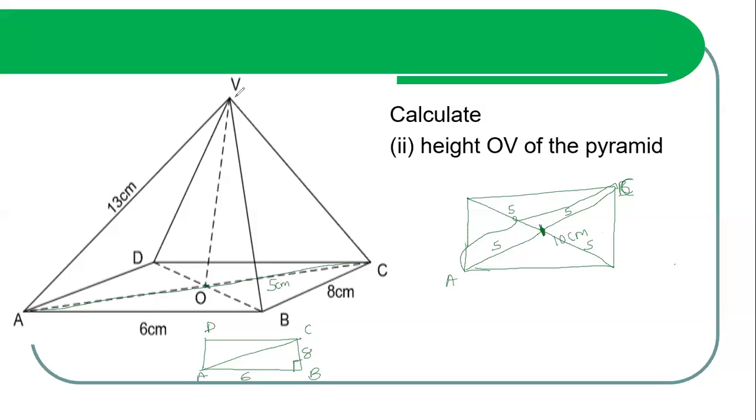Now, this line VC, that slanting thing, is what we call the slant length. So when you find the words slant length, they always represent those lines. Whenever you meet a pyramid, those lines that are slanting, we call them slant length.